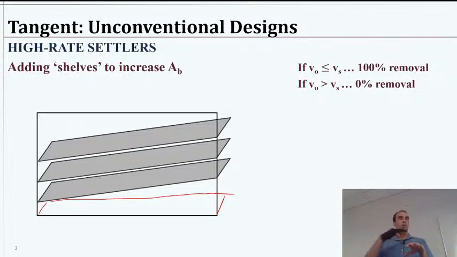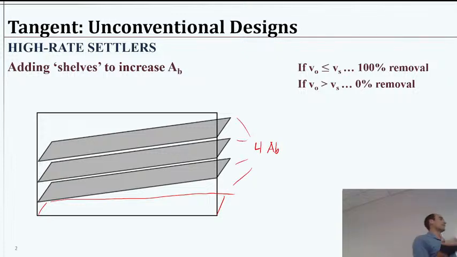So if we have multiple sheets, now we went from one area of the basin to 4 areas of the basin, right? 4AB is kind of our surface area now, right? 1, 2, 3, 4. So that's one pretty neat way to do it. Possible.